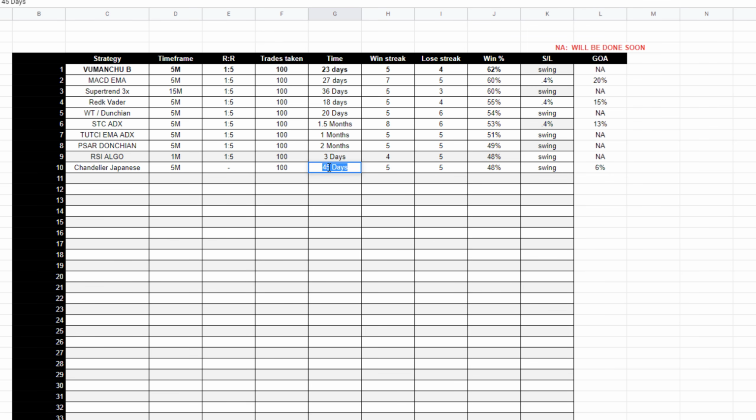To be honest, it's not even that bad. After 45 days, it's still worth it. Maybe it works just better on the Heikin Ashi candles. But I prefer not to use them in any of my backtests.